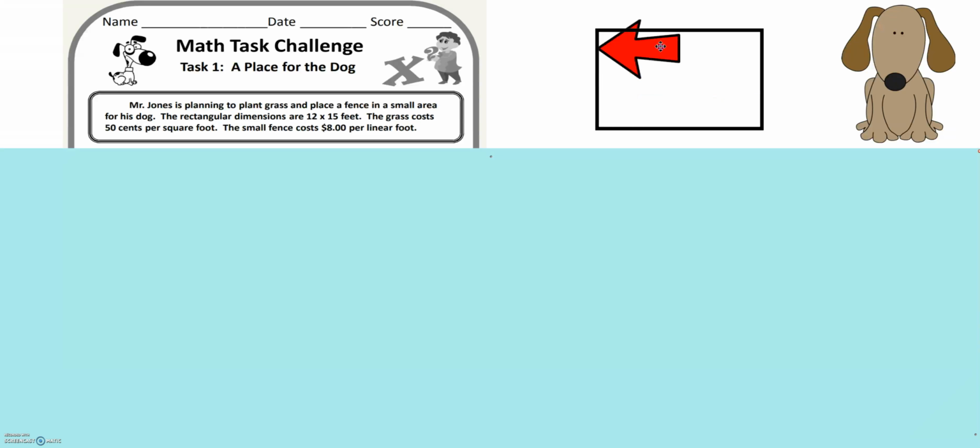And I know how much the fence is going to cost per linear foot. I see the base word line, and I know my fence is going around the perimeter, these lines that form the perimeter of my rectangle. All right, I understand the story. Let's begin.